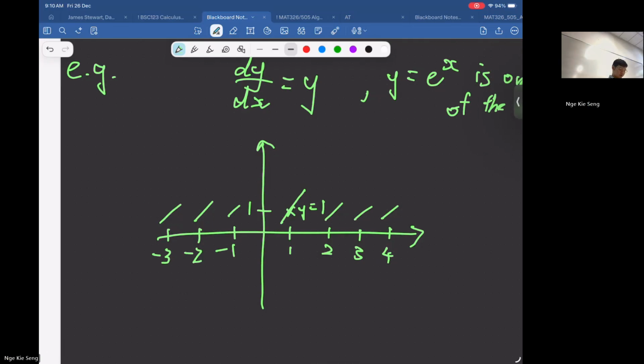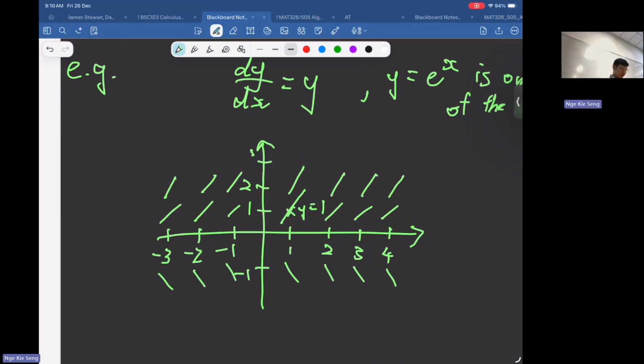For example, if y is minus 1, then the tangent will slope the other way. And if you move to y equals 2, it will be a little bit steeper. This is the direction field. If you move even further up, you get steeper and steeper. And going down, you will go steeper downward.